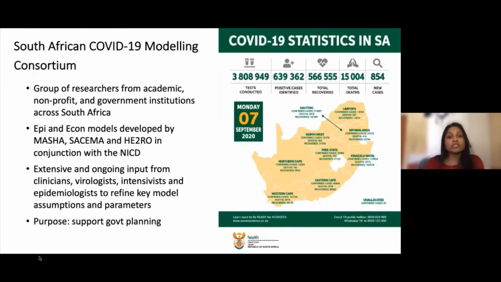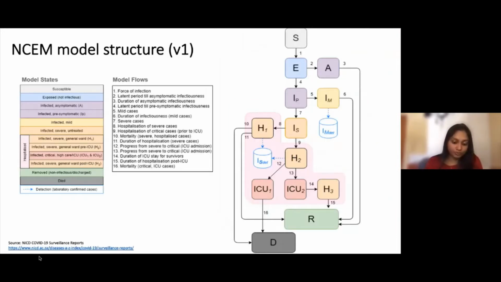And the benefit of being part of a consortium like ours is that we received extensive and ongoing input from experts such as clinicians and virologists, intensivists, epidemiologists, public health experts, financial experts, economists, and so forth. And these experts assisted us in refining our key model parameters and the assumptions underlying the foundation of our models.